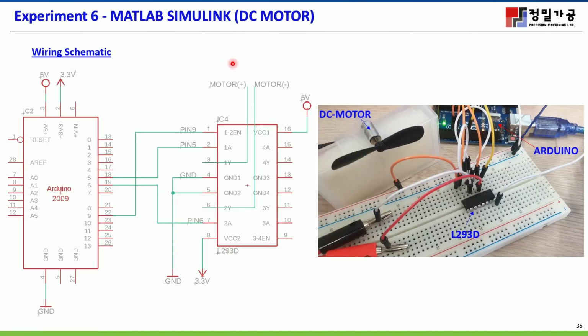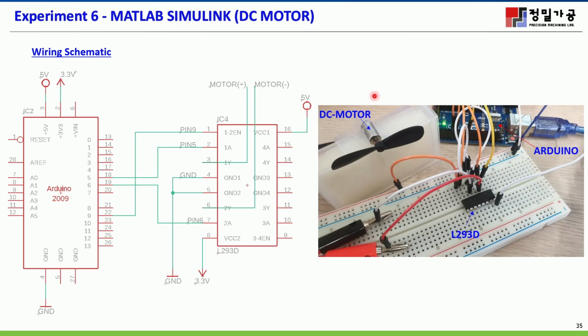Okay, let's begin experiment 6. I just do only one experiment for the DC motor in here, because basically a DC motor just rotates continuously, or you just change the direction, or you just control the rotation speed.